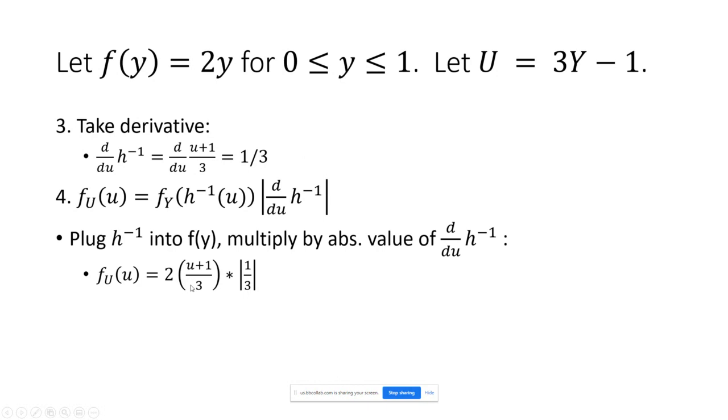So we get 2 times y, which is now (u plus 1) over 3, times the absolute value of 1/3. And we can simplify that into 2 over 9 times the quantity (u plus 1). And that's valid for values of u between -1 and 2.